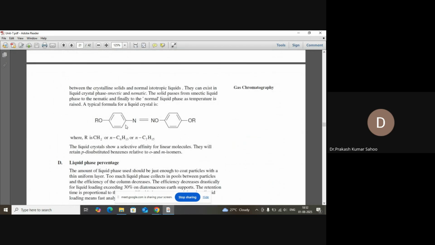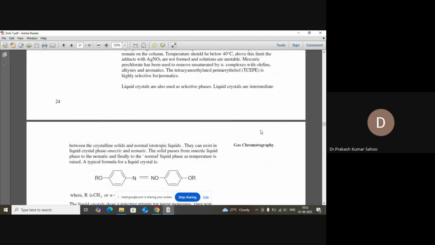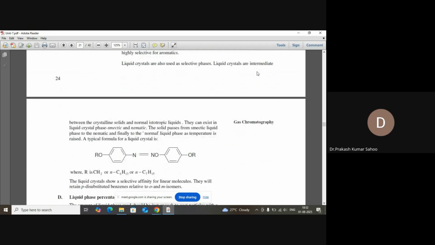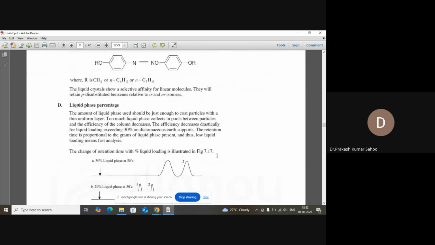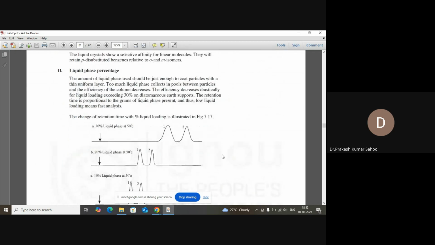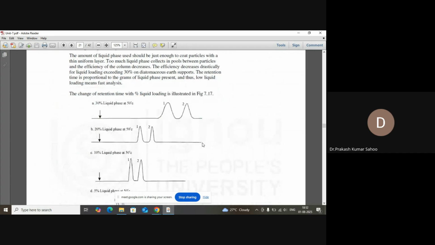So this is the aromatic compound we have, and accordingly this TCEP is also a very important liquid phase for separation of aromatic compounds. So liquid phase percentage is also a factor for this analysis.